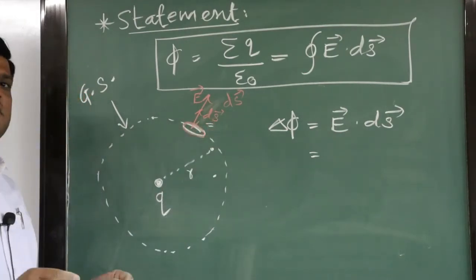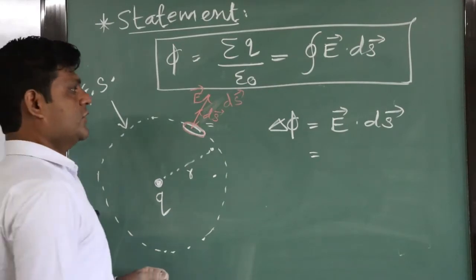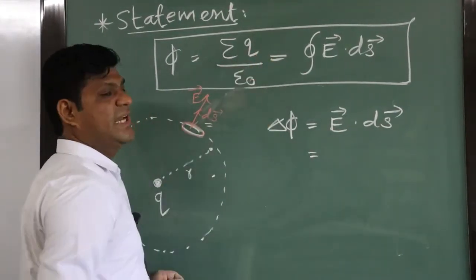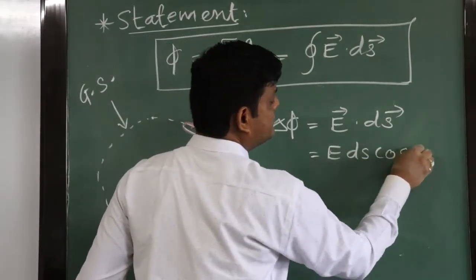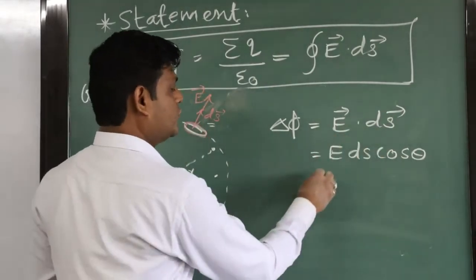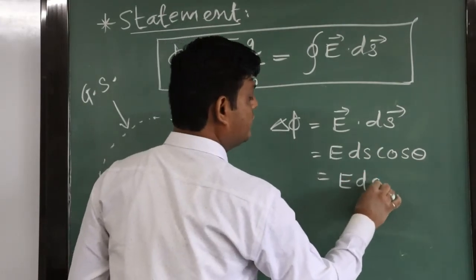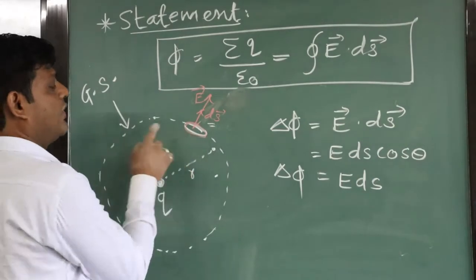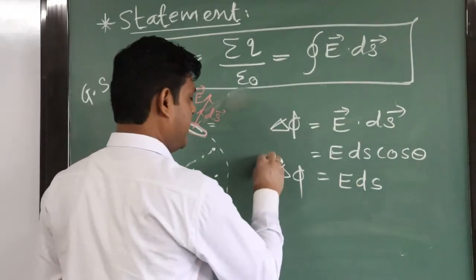Ds vector is the area vector of the small area element. So this E vector and ds vector are in the same direction. So E ds cos theta. Theta is the angle between E and ds. So here cos theta is 0, so we will write E into ds. This is the flux linked with the small area.